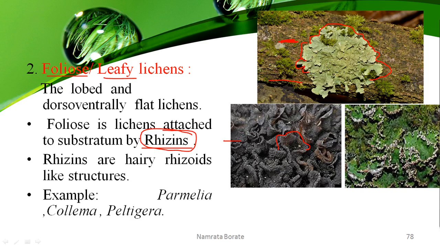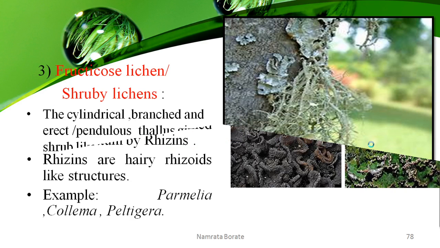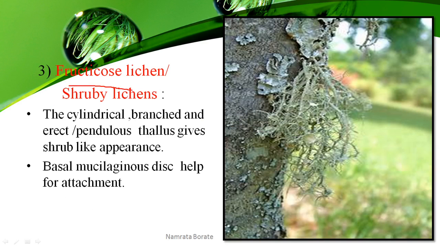As examples, the first image indicates Parmelia, the second image is Collema, and the third image is Peltigera. The third type of lichen we see is the fruticose lichen. It is also called the shrubby lichen. This lichen has cylindrical branches. You can see here the presence of a number of branches. This lichen is erect and pendulous. It is a thalloid plant body and it gives a shrub-like appearance, so it is called the shrubby lichen.